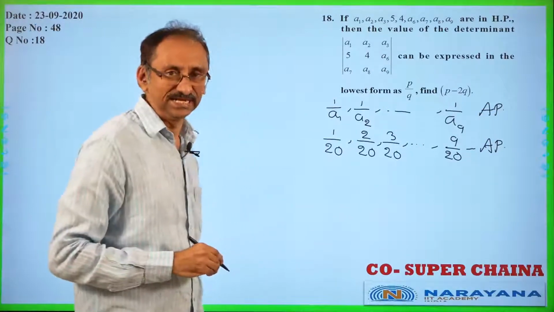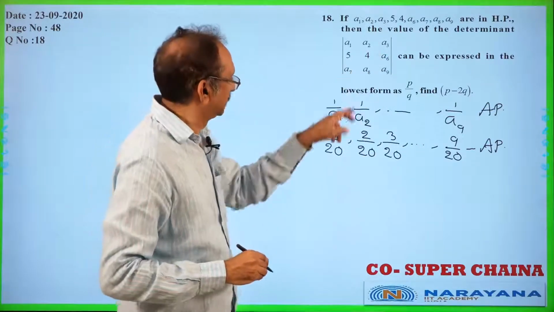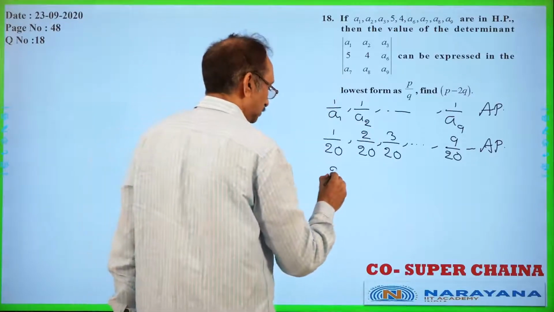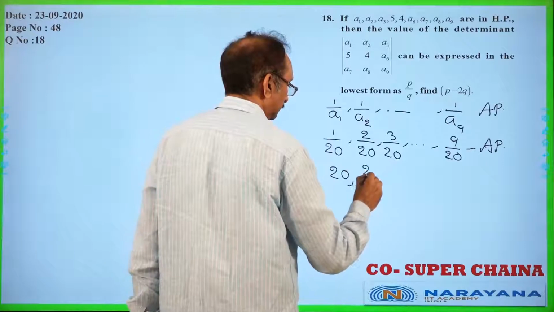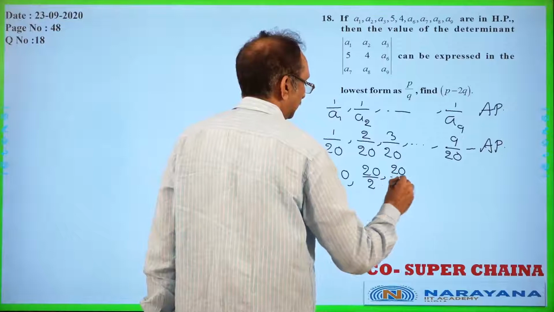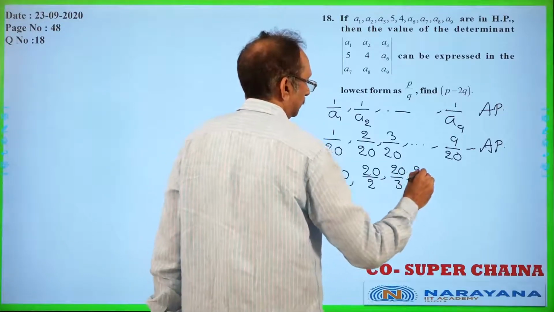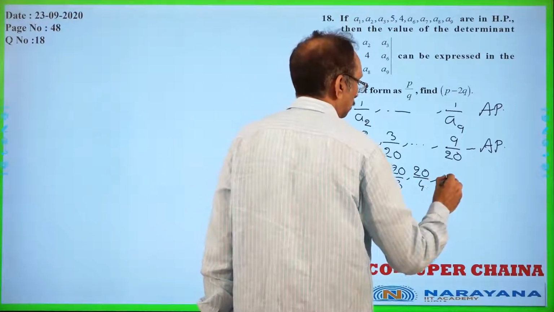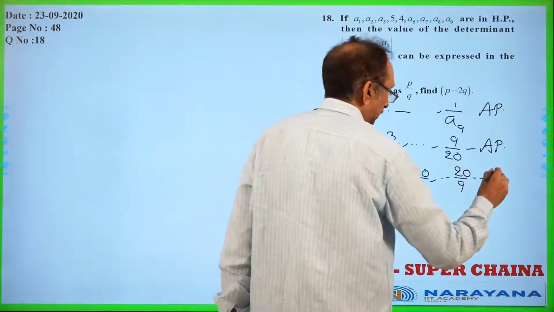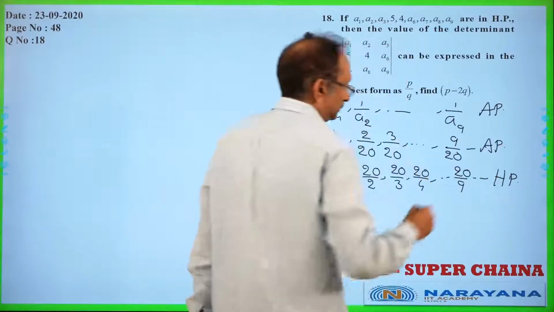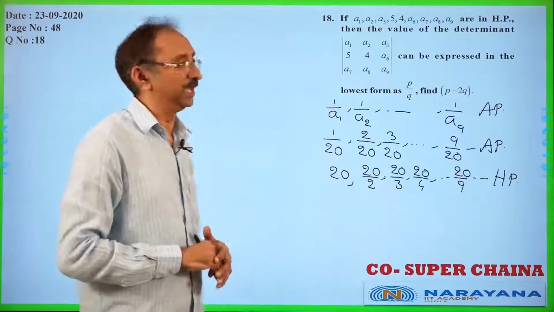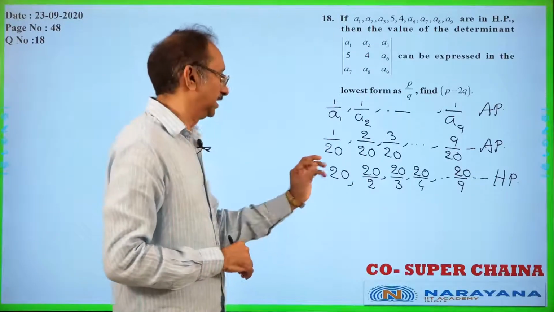But I don't need these numbers, I need their reciprocals. What are the reciprocals? That is 20, 20 by 2, 20 by 3, 20 by 4 and 20 by 9. So these are in HP and these are the values of A1, A2, A3, A4, A5, A6, A7, and so on, A9.